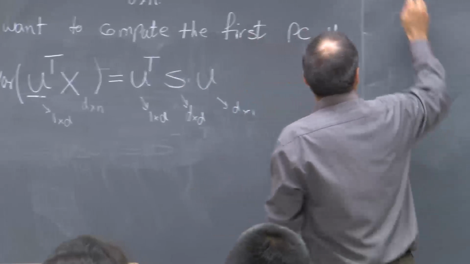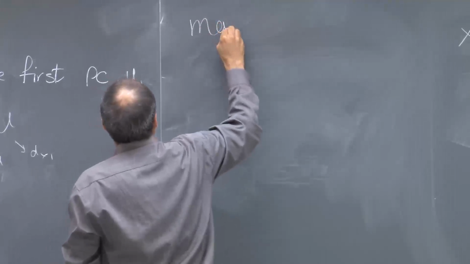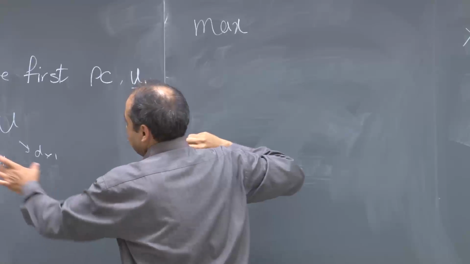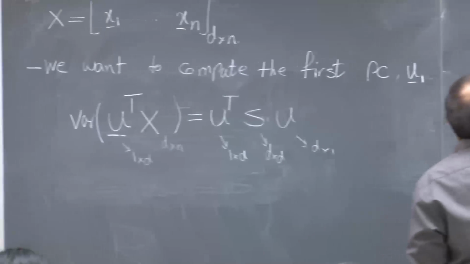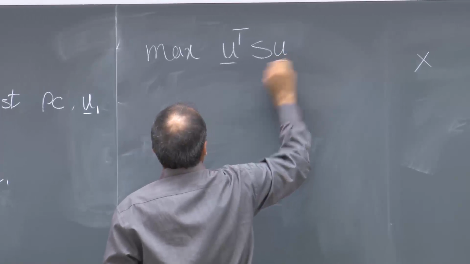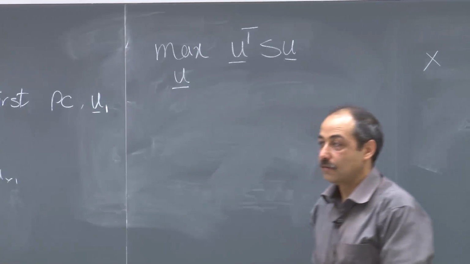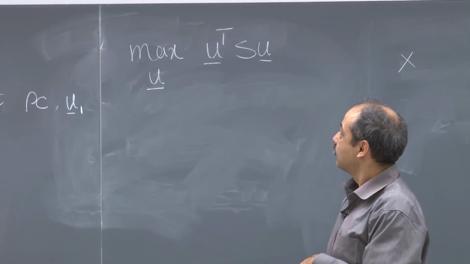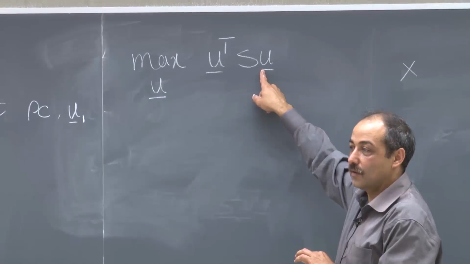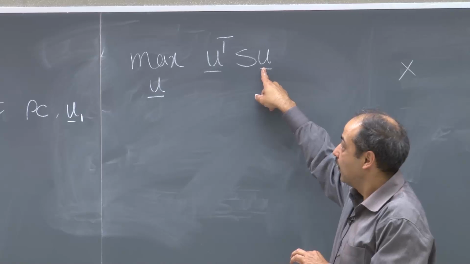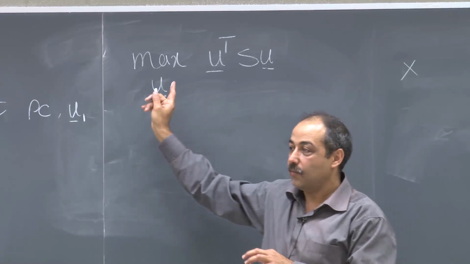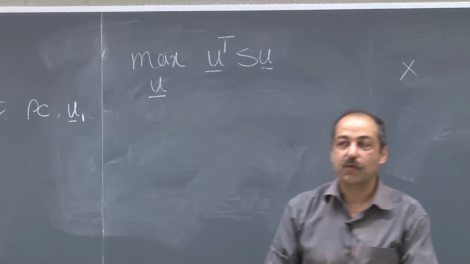So here is my optimization problem: maximize this variance, which is U transpose S U. My unknown is U. S is known, the sample covariance matrix. U is unknown. I'm looking for the U which maximizes this quantity.